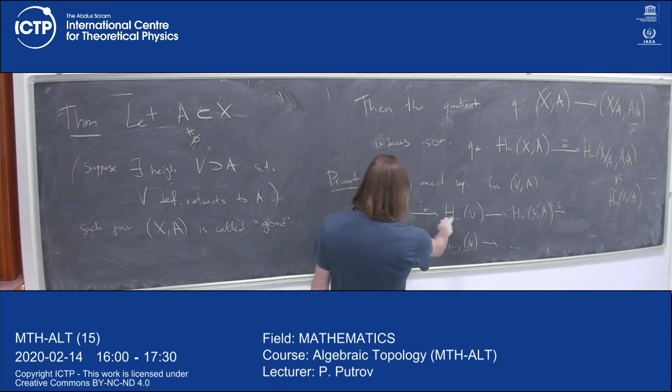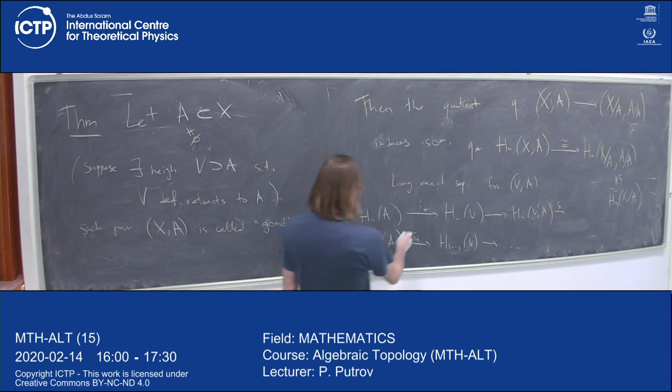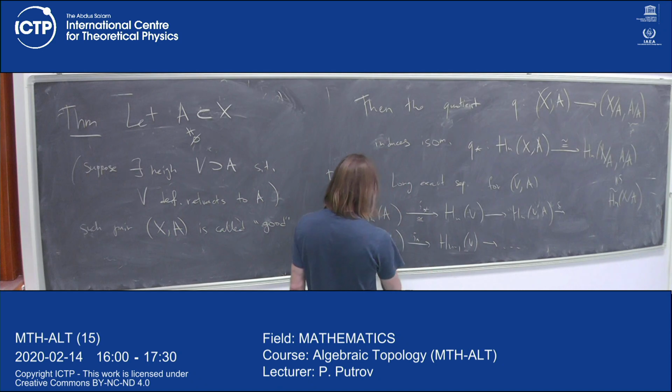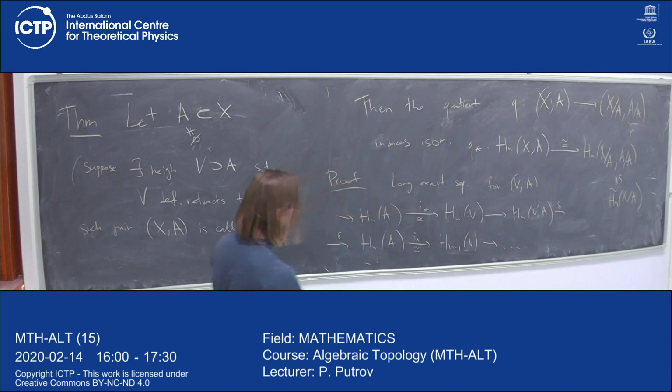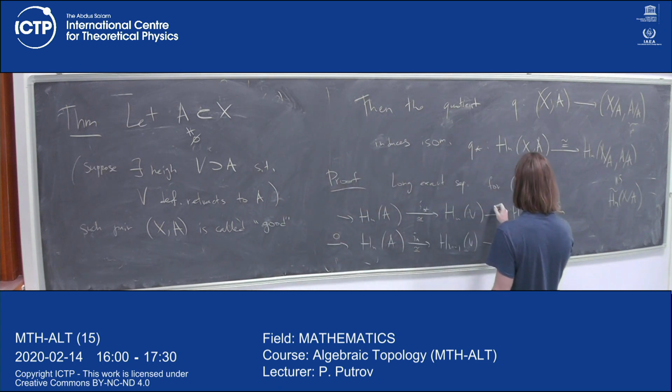And so we know that V deformation retracts to A. And this means that the inclusion of chains is a chain homotopy equivalence, and therefore the induced map is an isomorphism. So those are isomorphisms, and this means that in particular this map should be trivial, and this map is also trivial.